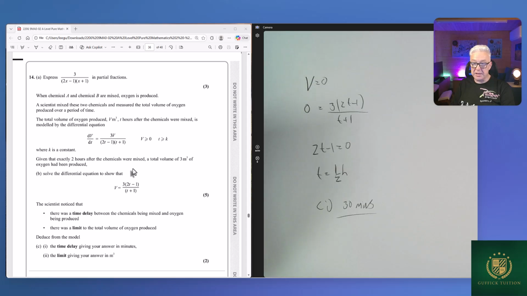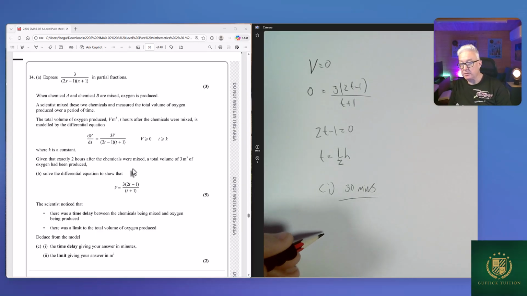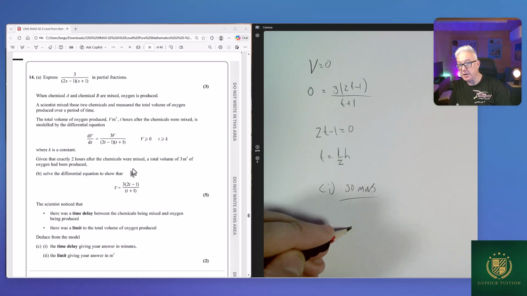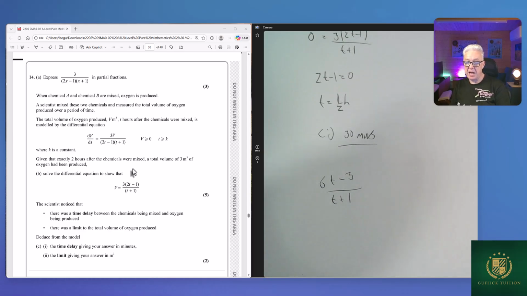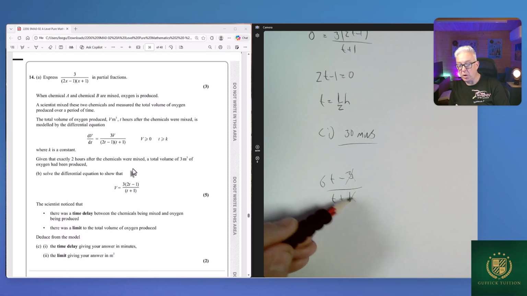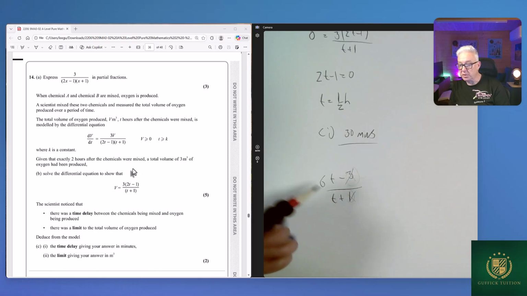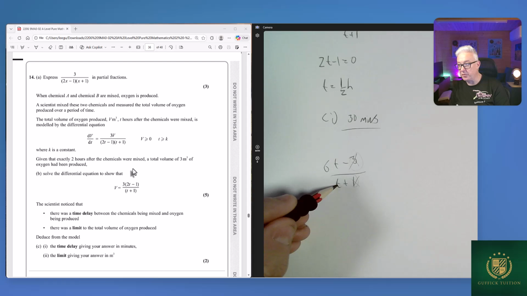And then the limit. Now what we've got to do is imagine that t becomes really, really large. There's various ways I've seen people do this, but let's imagine t becomes really big. Okay, so we have got (6t - 3) over (t + 1). Now if t becomes absolutely huge, this minus 3 and the plus 1 are going to become negligible. And it's going to become like 6 times some really big number divided by the really big number.